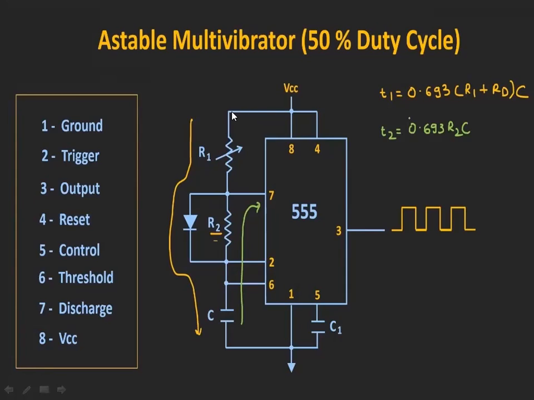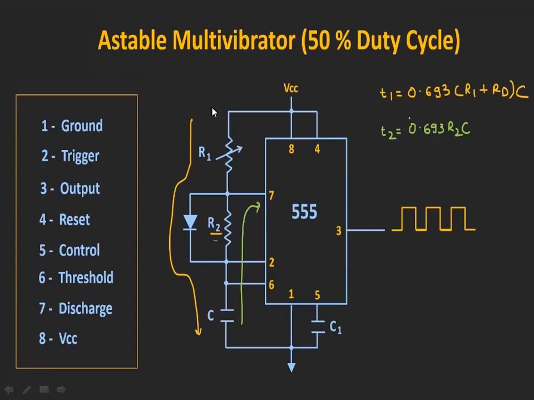Here only R1 we are going to consider during charging, and during discharging only R2. If we make R1 equal to R2, with R2 a fixed resistor and the variable resistor made such that this resistance is equal to this resistance, then we can produce a 50% duty cycle.